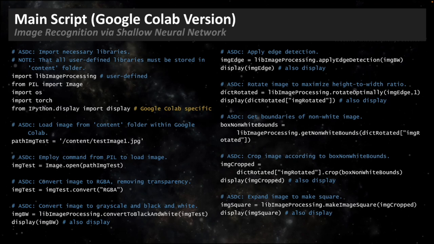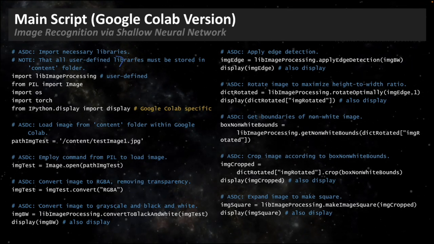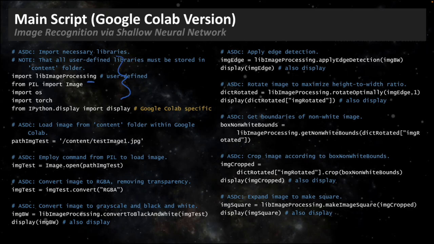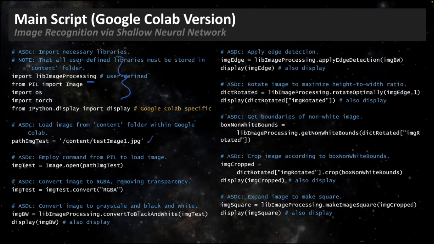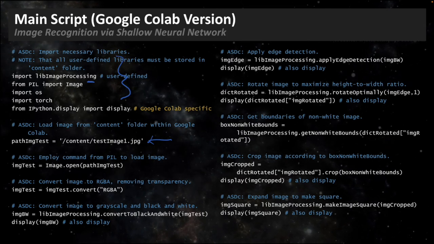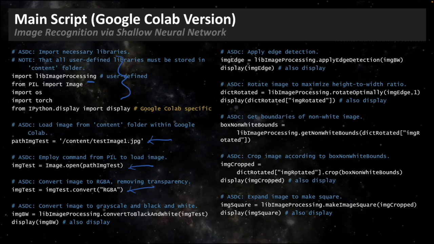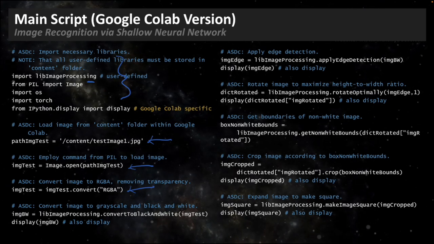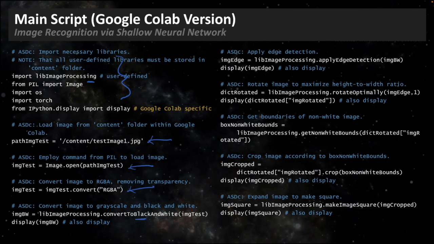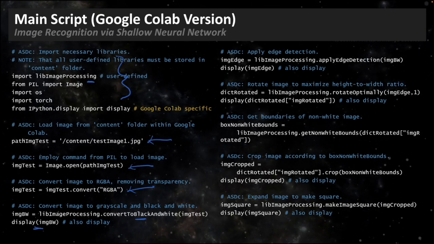There's really not too much to see here. The main script essentially just calls methods from my library. So we load all of our necessary libraries, including the one that I made. We get the path for our test image, which is within that virtual content folder. We use the Pillow library to load the image. We convert it to RGB, eliminating any transparent regions. We then call the convert to black and white method from the library I created and display the image.